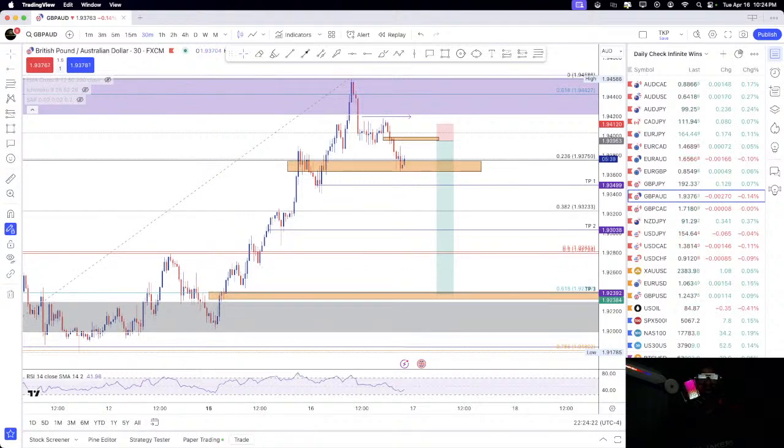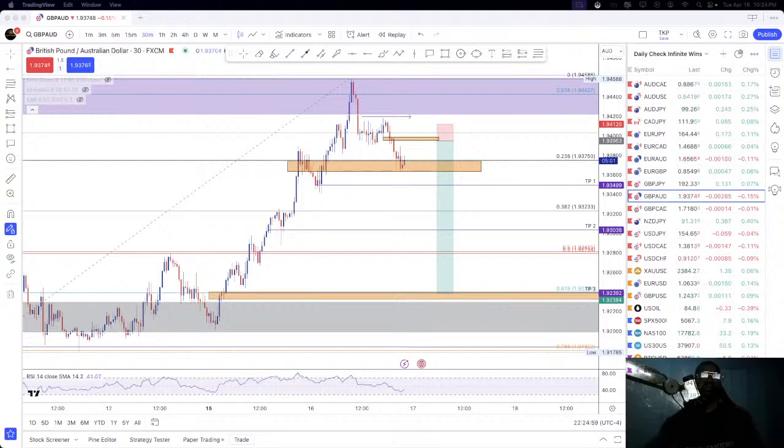So I really like this one. Let's see how it works out. TP1.